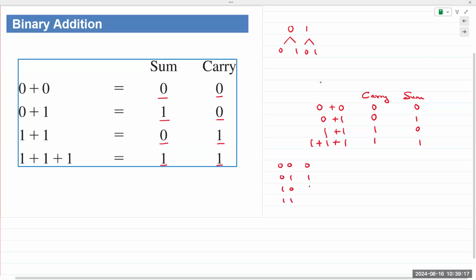This is 0, 1, 2, 3. Right? Those numbers represent 0, 1, 2, 3.